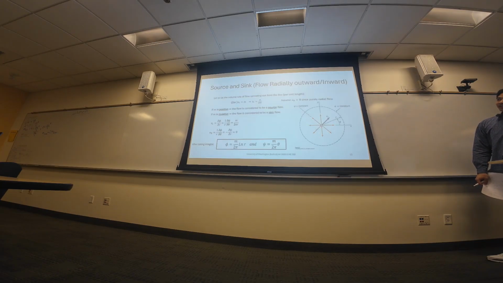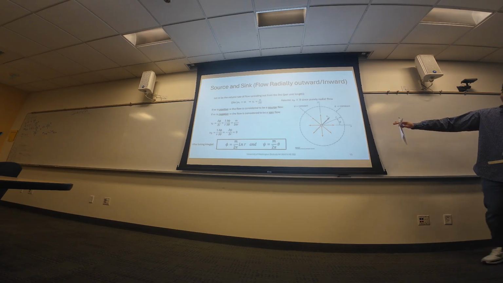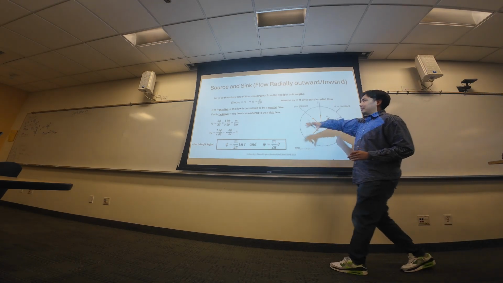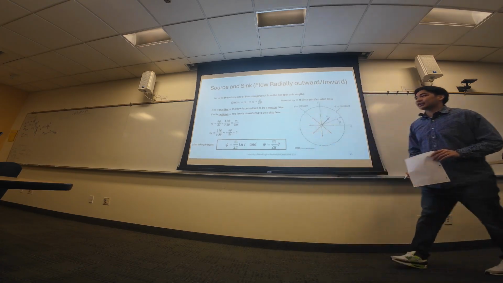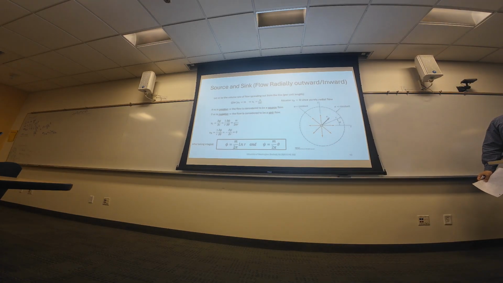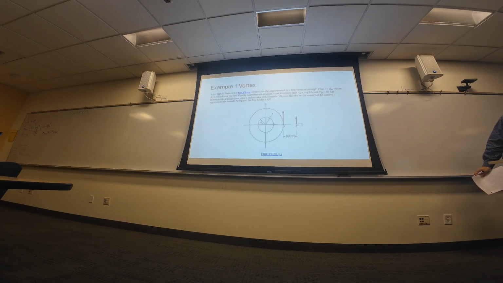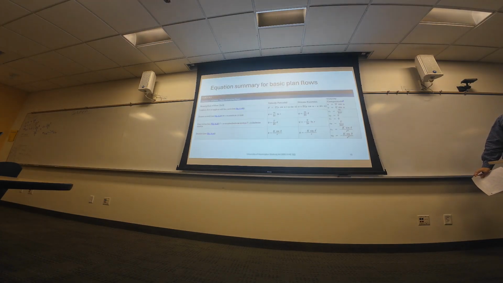Okay? So reminder, right? M is the volume rate of flow spreading out. And keep track of the positives and negatives because that's going to affect our answer. Tell me now, if we're a sink, are we going to be positive or negative? Negative. Okay, perfect. So we're going to see why that's negative.